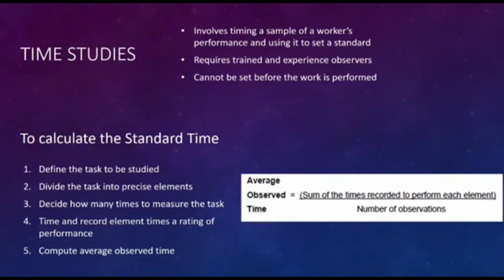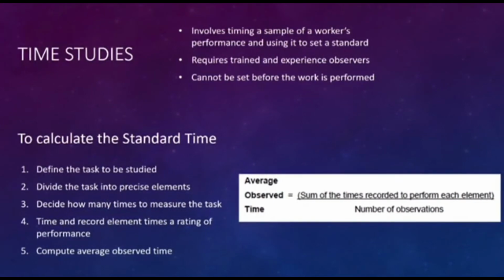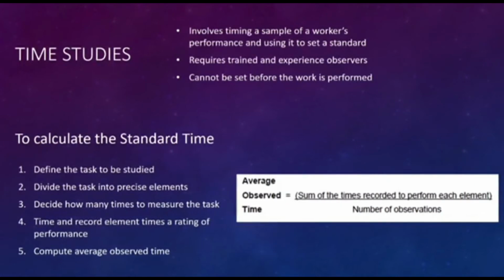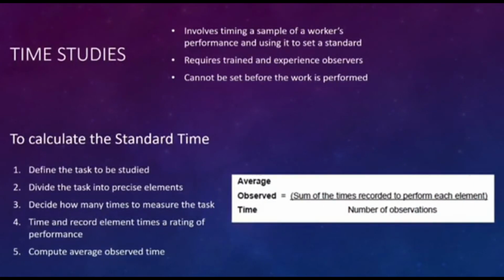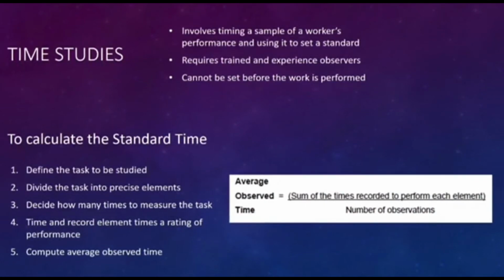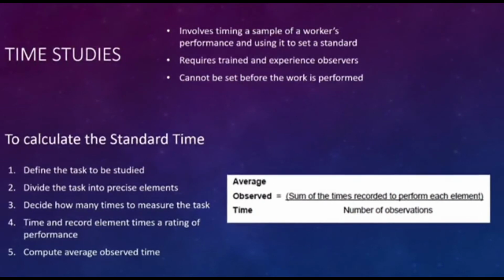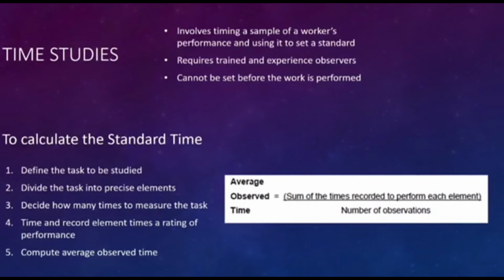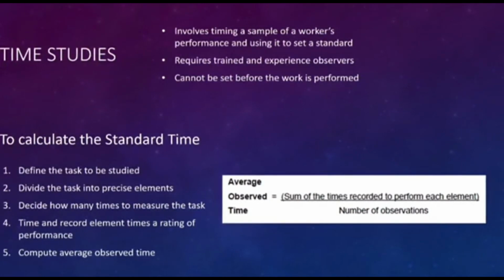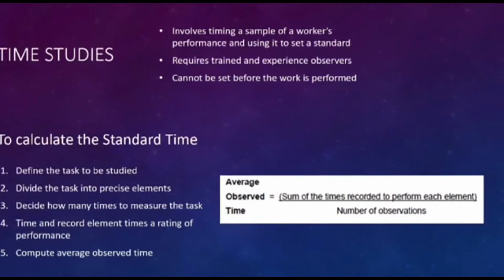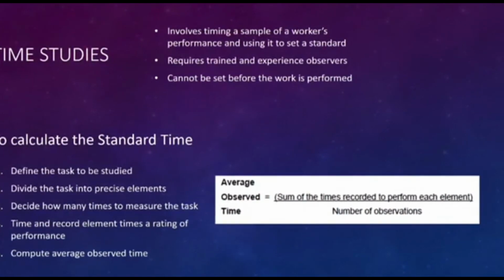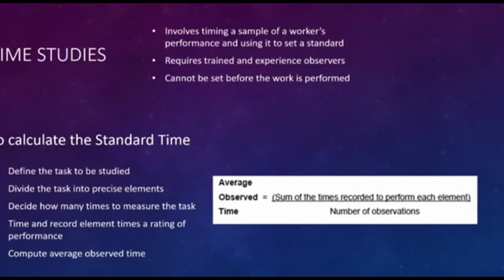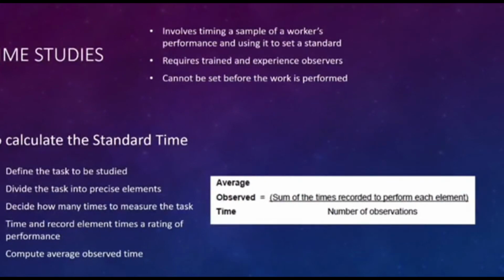Time study requires trained and experienced observers and cannot be set before the work is performed. To calculate the standard time, first define the task to be studied and divide the task into precise elements. Decide how many times to measure the task. Then time and record element times and rating of performance. Then compute the average observed time.